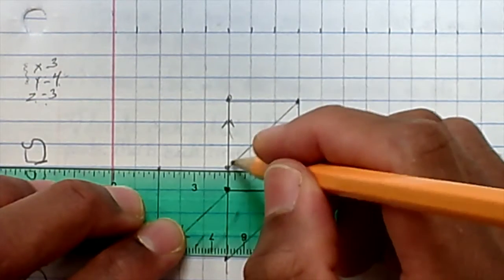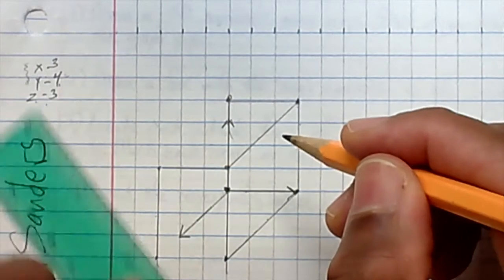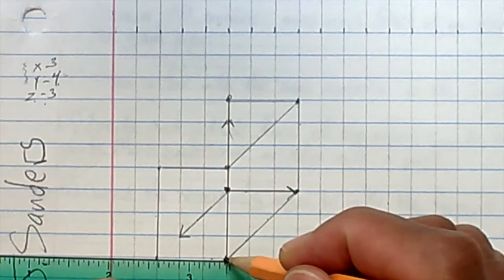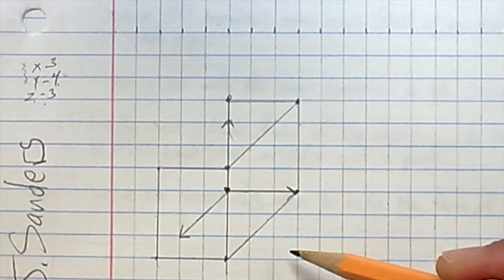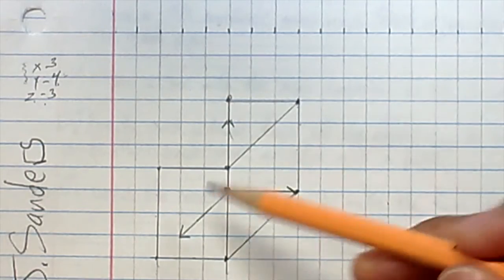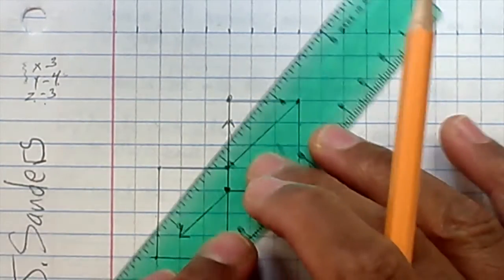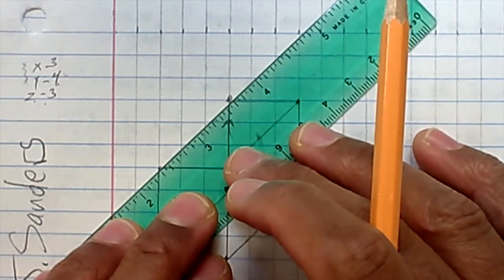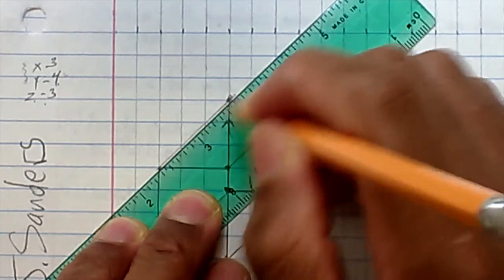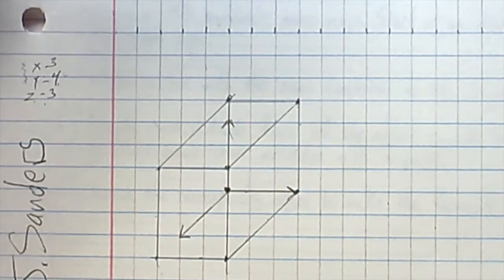Then we'll have something like this. Here I have 3 sides of my box. I'm only missing the top, which all I need to do is connect these points here. So we have our box.